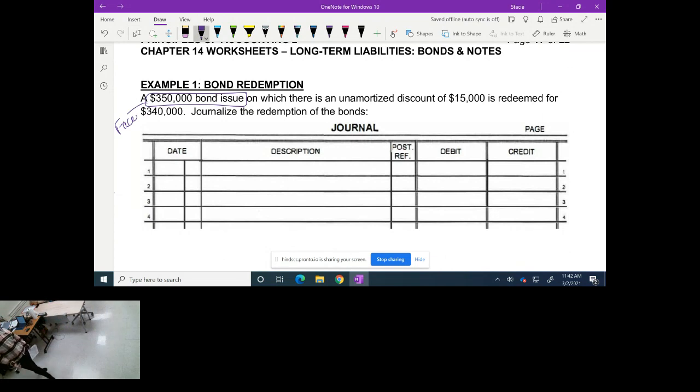There's an unamortized discount of $15,000, so that's the balance in discount on bonds payable on the books.